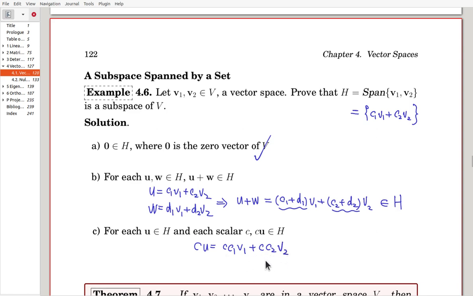Again, this is a linear combination of V1, V2. That means it is in H. So we checked 0 is inside the set H, and H is closed under addition and scalar multiplication.